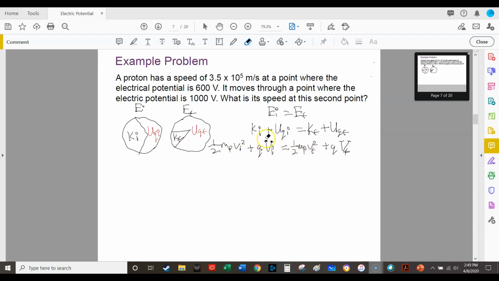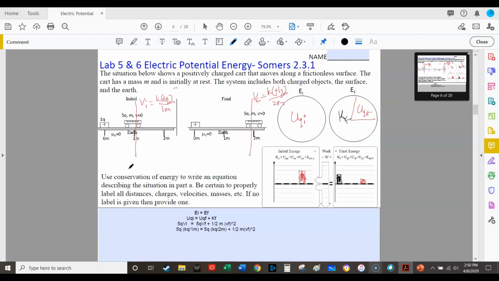So in this problem, we are going to be solving for the final velocity here. In order to do that, I'm going to take this final electric potential energy and bring it on over to the other side, so I'm going to subtract it from both sides.